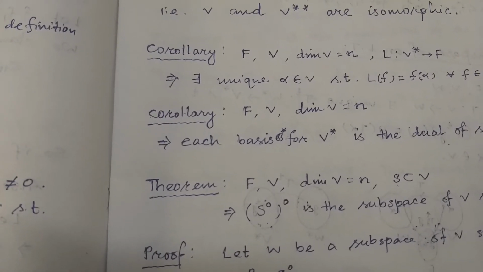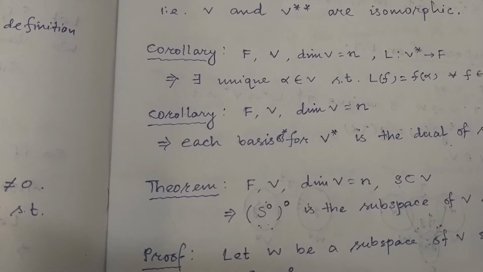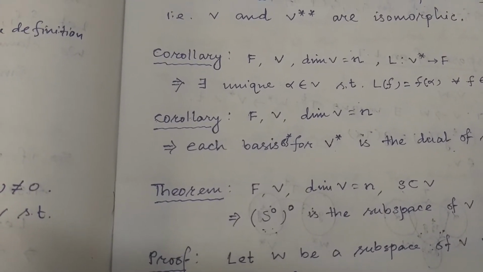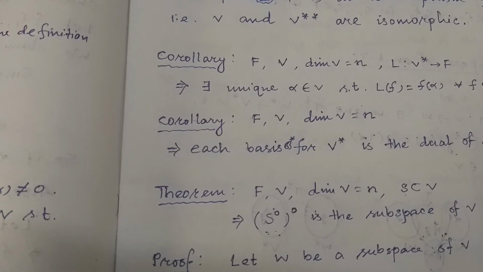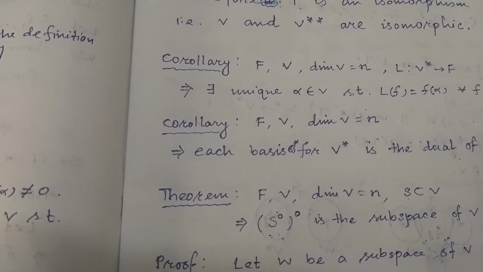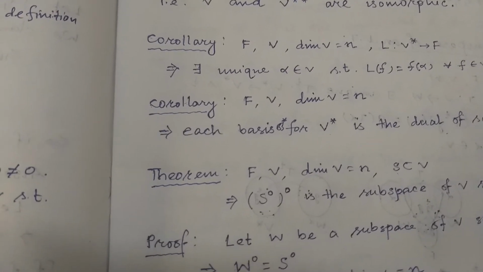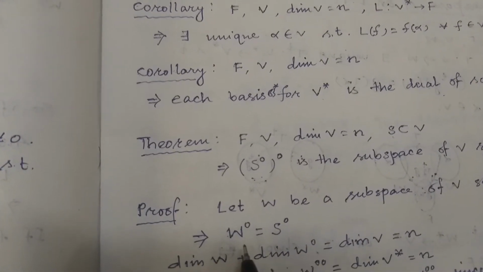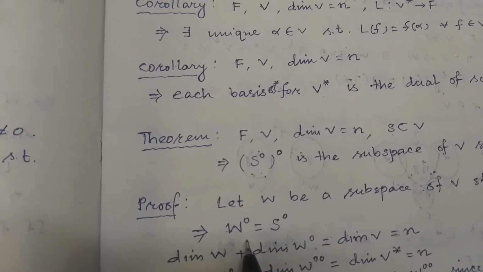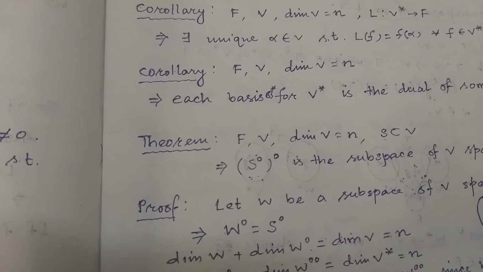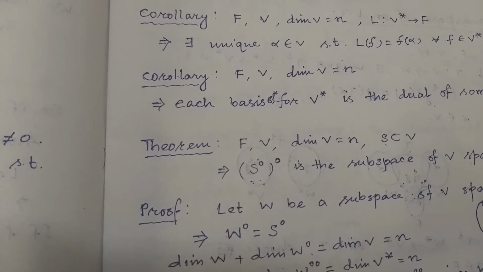So according to the construction of this, the annihilator of this portion consists of the functionals of V star to F. So W naught equal to S naught. That means this W is actually spanned by these elements.